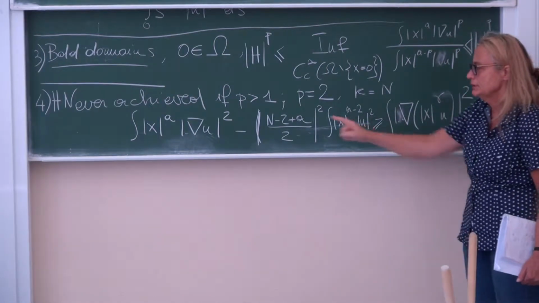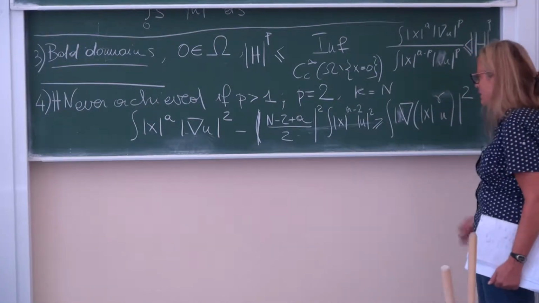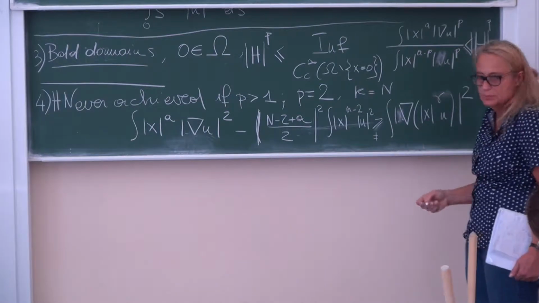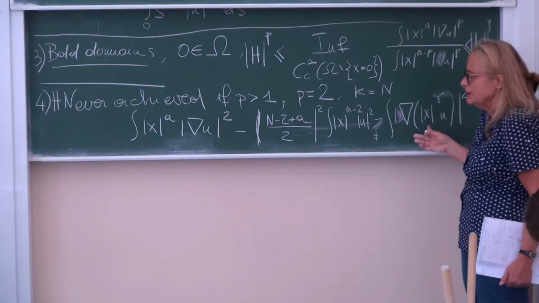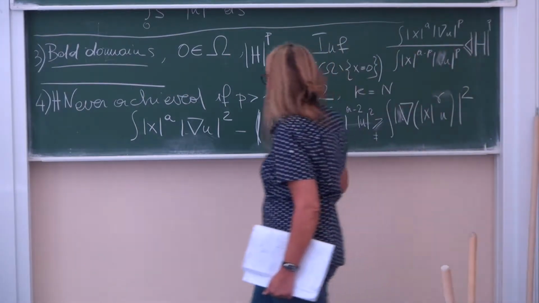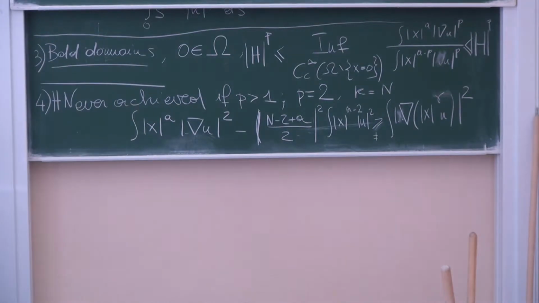There is a power such that this holds for any test function u. And it's quite evident that this is always positive. This is just a justification why, at least in this case, you never reach the best constant. But I want to skip this.